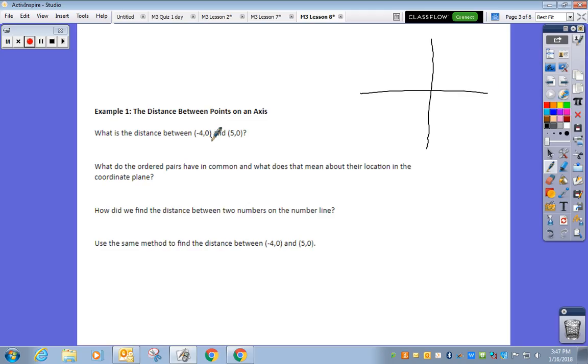So (-4, 0) means I would go over to -4 and up 0. (5, 0) means I would go over to +5 and up 0. So we can see that they both have the same y coordinate.